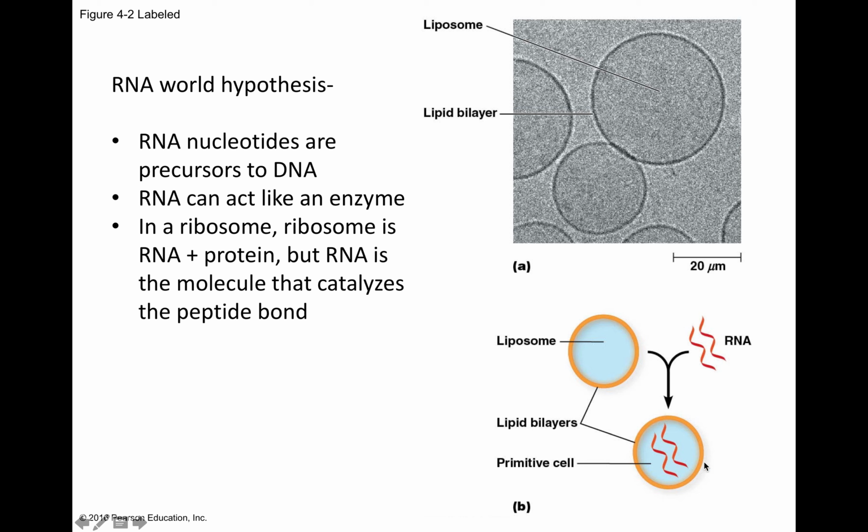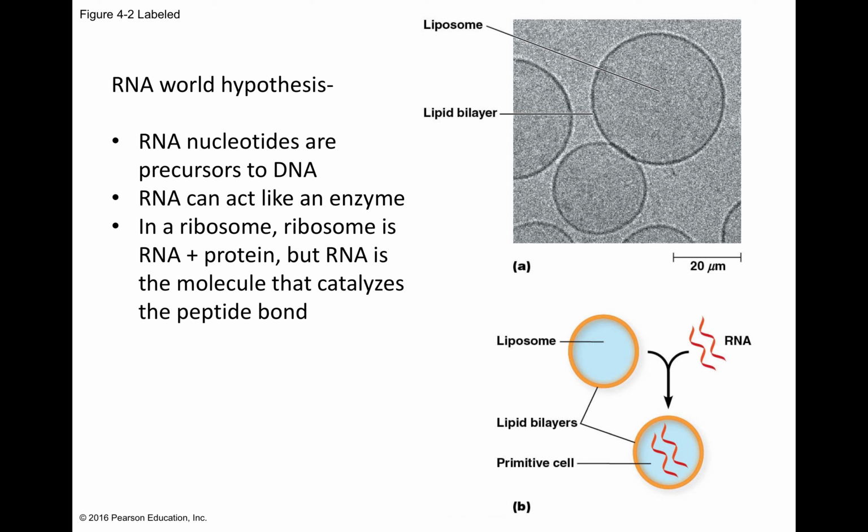Some support for that is that even in systems like a ribosome that makes protein, synthesizes protein, the ribosome is made up of both RNA and protein, not just protein. And not only that, but if you remove the protein from the ribosome by detergent extraction, so that you end up with just RNA left on the ribosome, the RNA part of the ribosome can still catalyze a peptide bond.